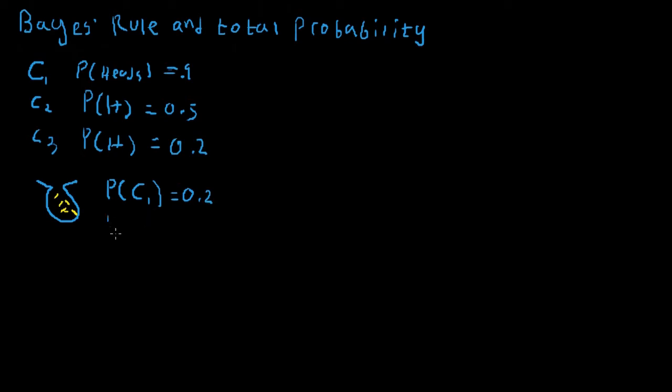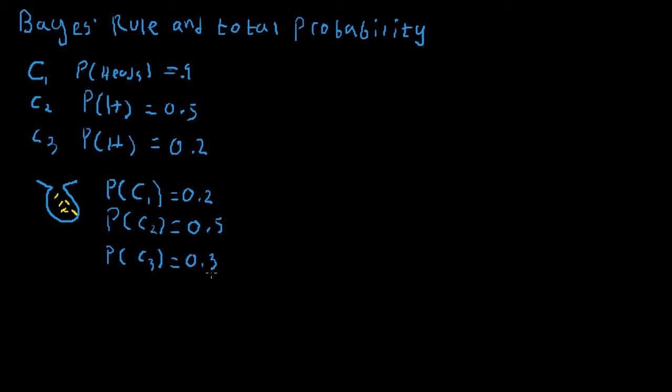The probability of getting a fair coin is 50%. And the probability of getting a coin biased towards tails is, well, we have 20%, 50%, 30%.